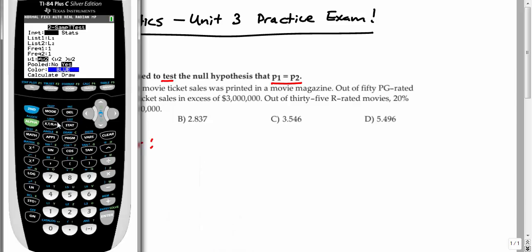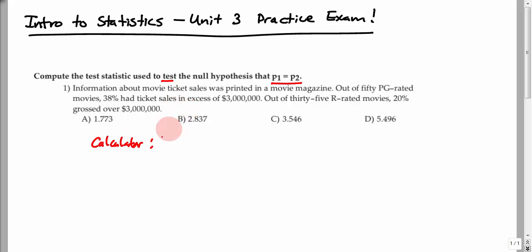Under Stat, Tests, and then scroll down, your tests are all listed here, and then we start to go into intervals. You have two proportions, so it has to be number 6 on my calculator. Your calculator might have different numbering, but this is the two proportion z-test that you'll need.